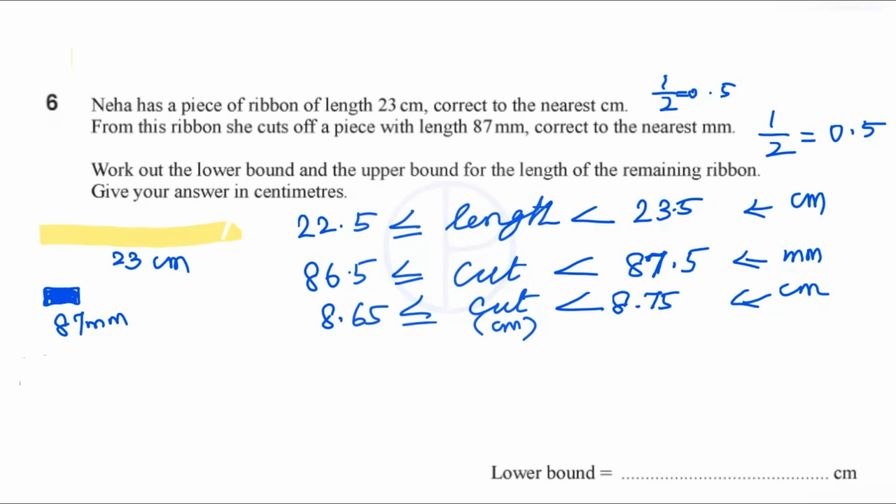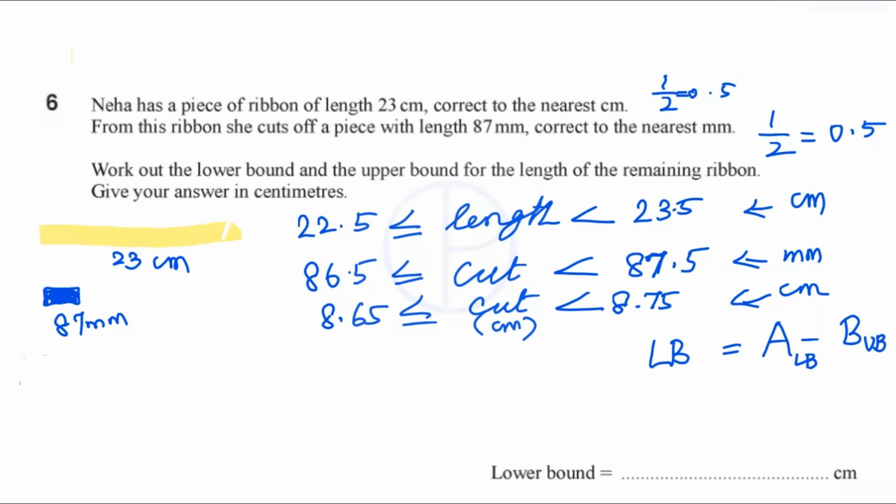And we need to do a subtraction here to find the remaining ribbon. Let's consider these numbers A and B. If you want to get the lower bound value, for A we need to take the lower bound, and for B we need to take the upper bound.